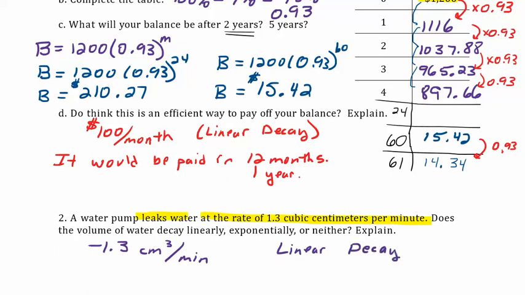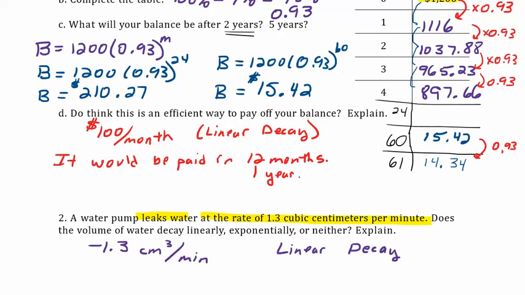Linear because we're losing the same amount of water each minute. It's a constant rate of change. And decay because it's getting less, the amount of water, say it's inside of something. It doesn't really say it's inside of a tank or something, or the total amount of water that we're losing would be represented by this negative amount.